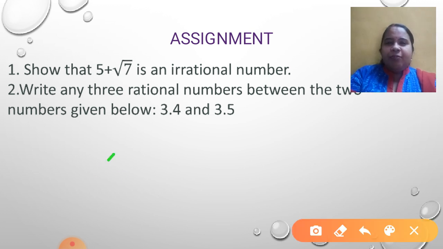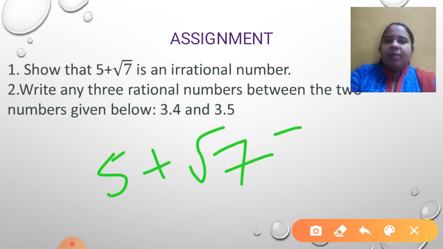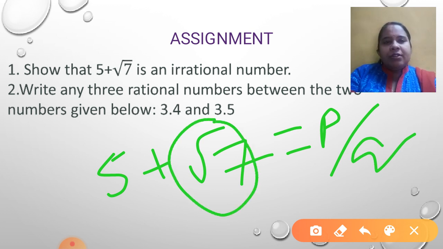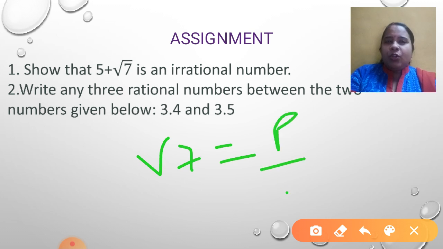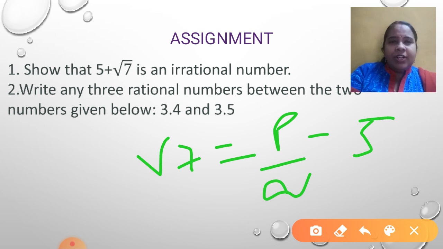Yes, 5 plus root 7 is a rational number. If it is a rational number, I will equate it to P upon Q. Then what? Leave this root 7 here and shift this 5 to this side. It will get subtracted. So what will come? Root 7 is equal to P upon Q minus 5, as we did. I hope now you have understood it and you can write the remaining steps.